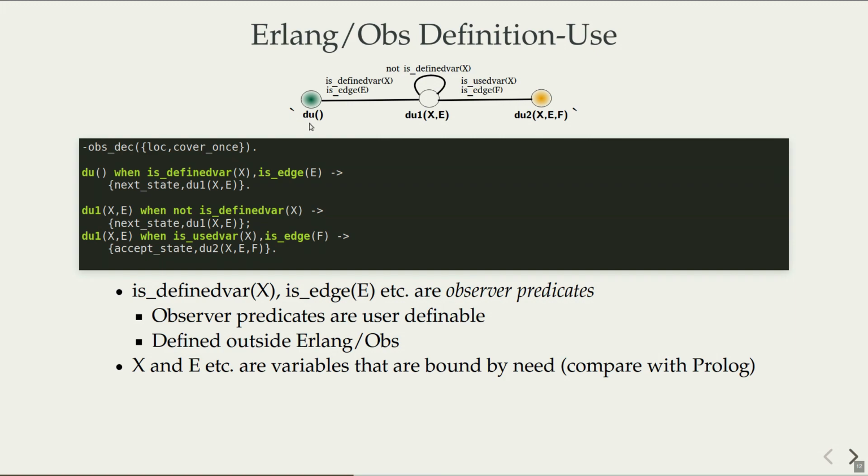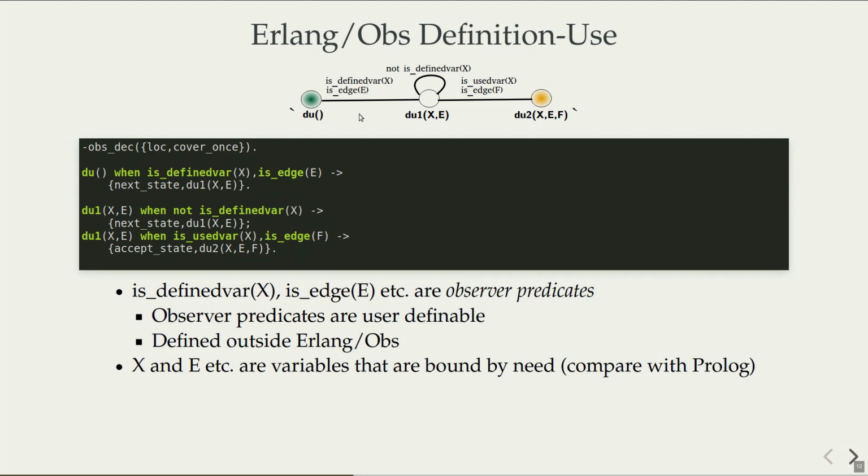So here you start in the DU state, and then you look at some edge in your state machine, and you see that, oh, there's a variable defined here, and we are on some edge, of course. And that variable could be any variable. So x here is actually a variable that is bound during execution to some variable that we find on this edge that is defined.